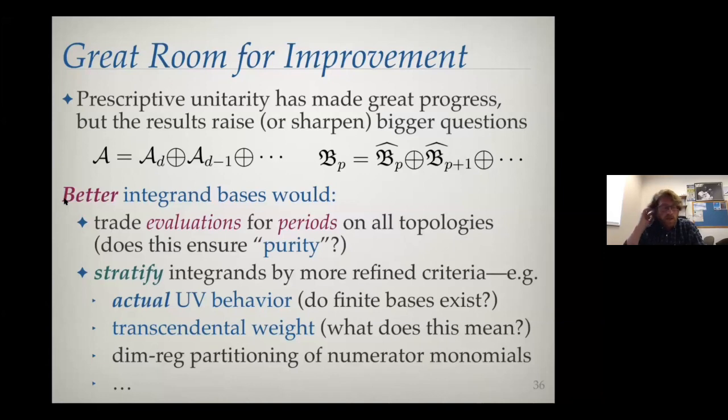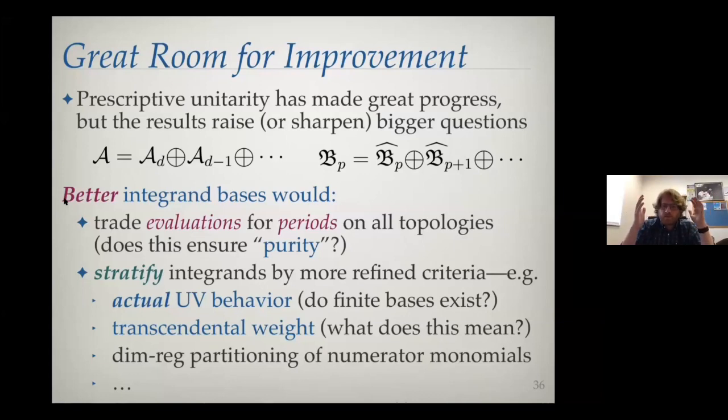And I don't know of a good way, for example, with that planar wheel integral that's zeta 3, I don't know of any good definition of power counting or otherwise to kill that element from your basis. If you draw an integral that's bigger than it, it has more propagators, it has it as a subtopology. And sure enough, if you do one of those integrals, you get something of weight 6, or sorry, did I say zeta 3? I meant zeta 5.